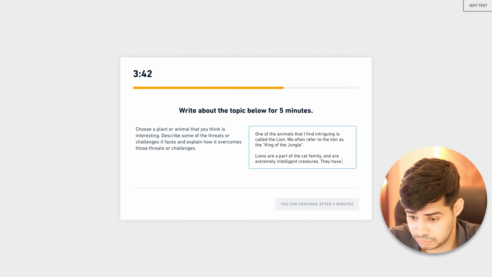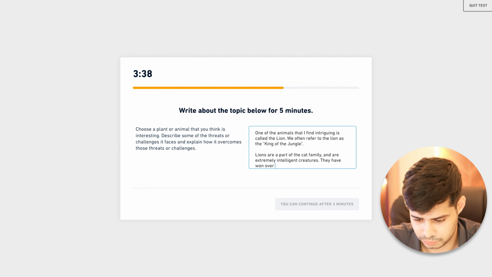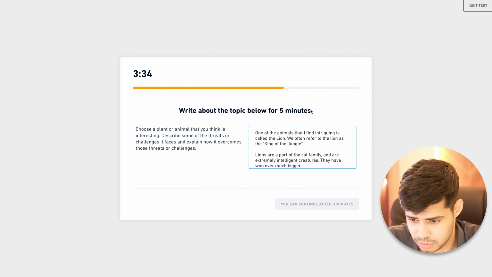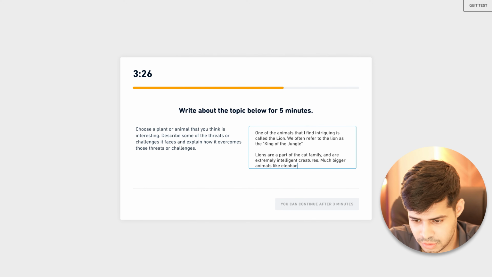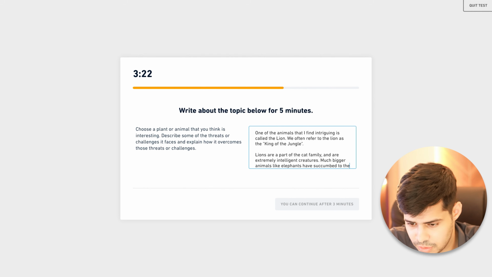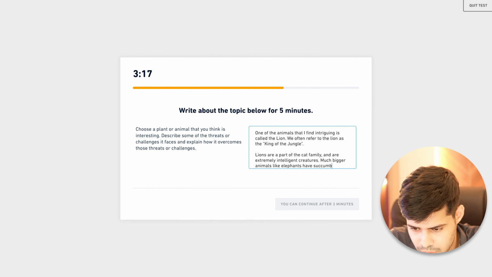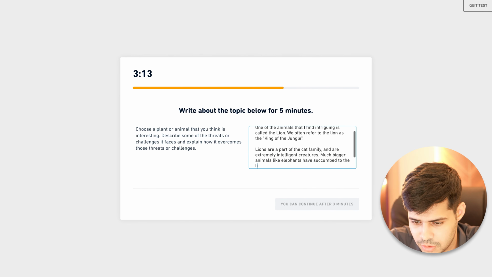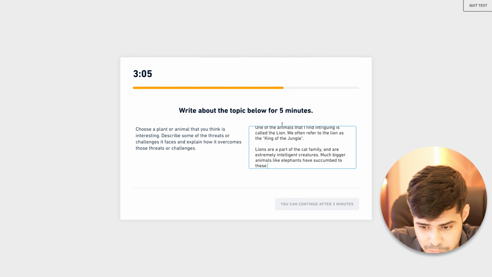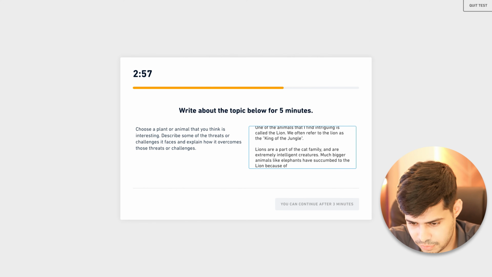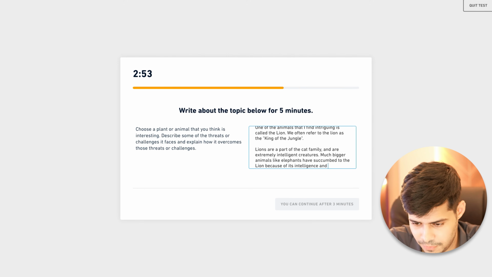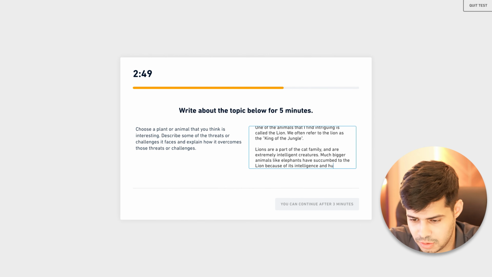They have, or we can say much bigger animals like elephants have succumbed to these species, or to these, well, we can say animals, but let's just say to the lion, because of its intelligence and hunting skills. All right.